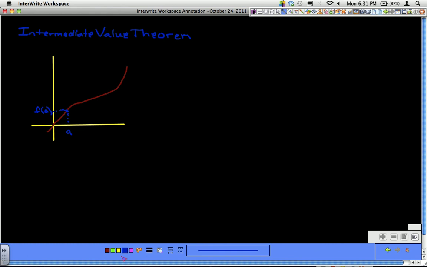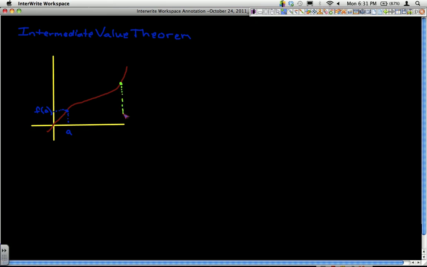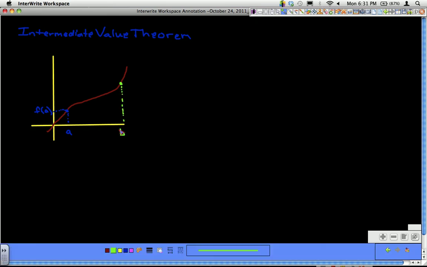Now we're going to do another point here. And we'll say this one's up here at point B. So the x value is b, which means, of course, in function notation, its y value would be f of b.